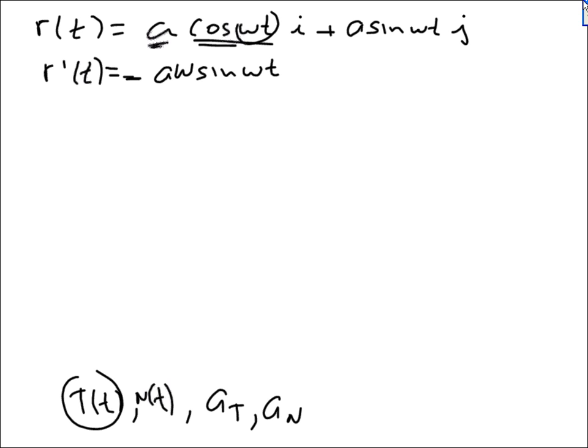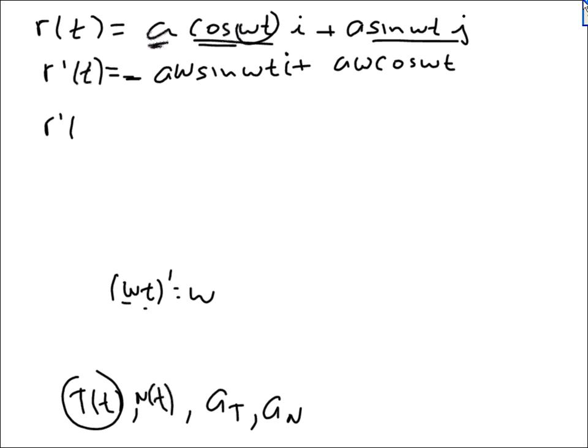Since it's with respect to t, a constant times t, the derivative is just a constant. Plus a times the derivative of that. Well, this is in the i direction. The derivative of sine of any angle is the cosine of the same angle times the derivative of the angle, which is omega. Okay, so that's r prime.